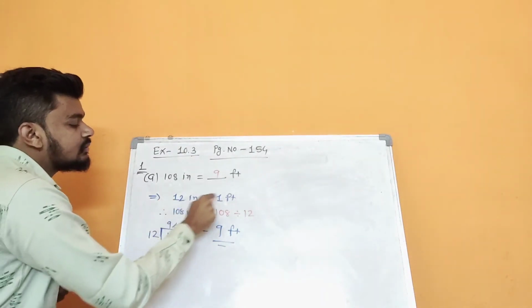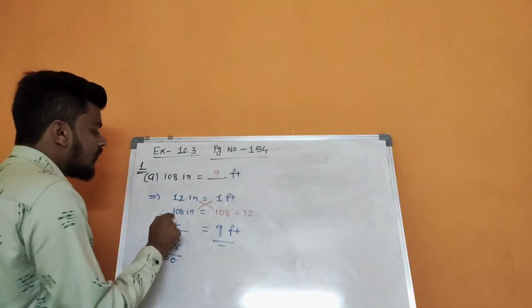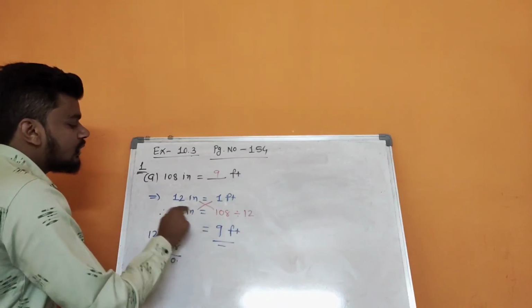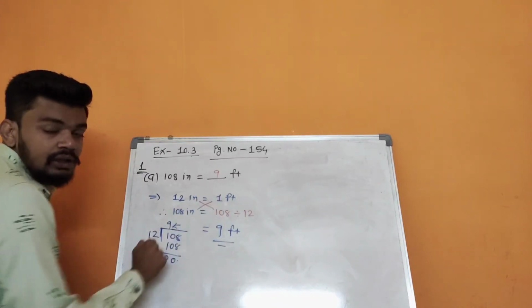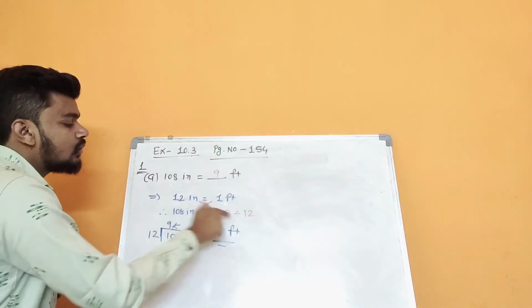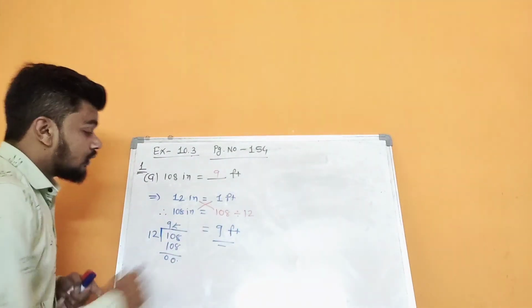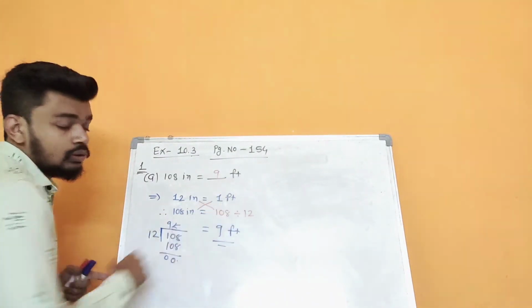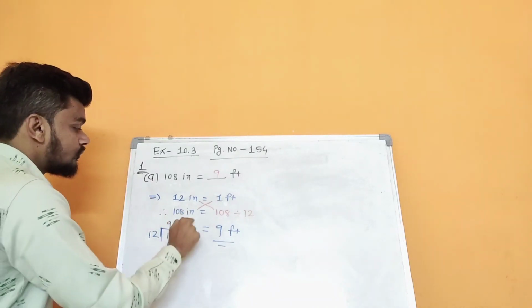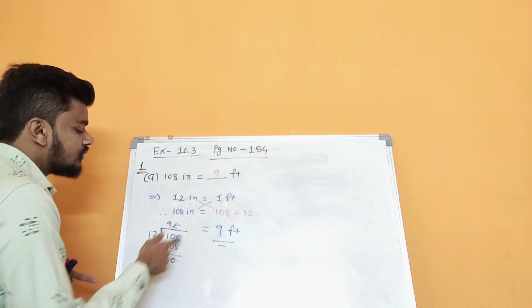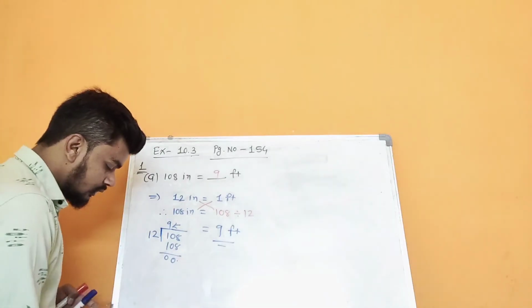So 12 inch is equal to 1 foot. Then 108 inch is equal to how many? Between these two there will be multiplication and this 12 goes to the division. So 108 divided by 12, so the answer is 9 feet.